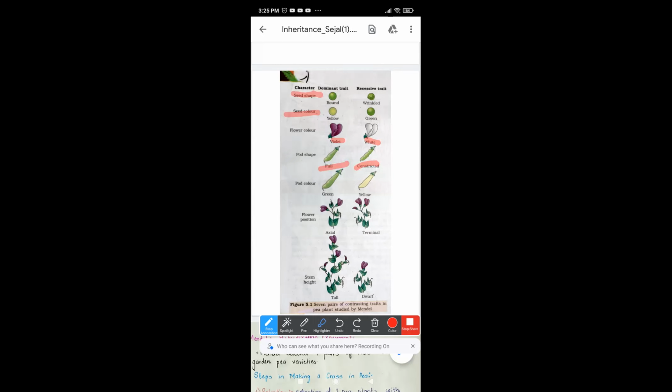Pod color: green pod is the dominant trait and yellow is recessive. In case of flower position, axial is dominant and terminal is recessive. And of course, in stem height, the tall one is dominant and the dwarf one is recessive.